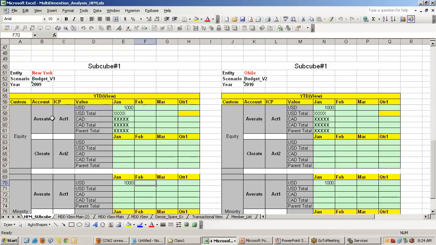My consolidated expenses would be the sum of both divisions, so this would be 200. This is a simple example of consolidation. Summing up two entities' numbers into a parent entity is called consolidation.